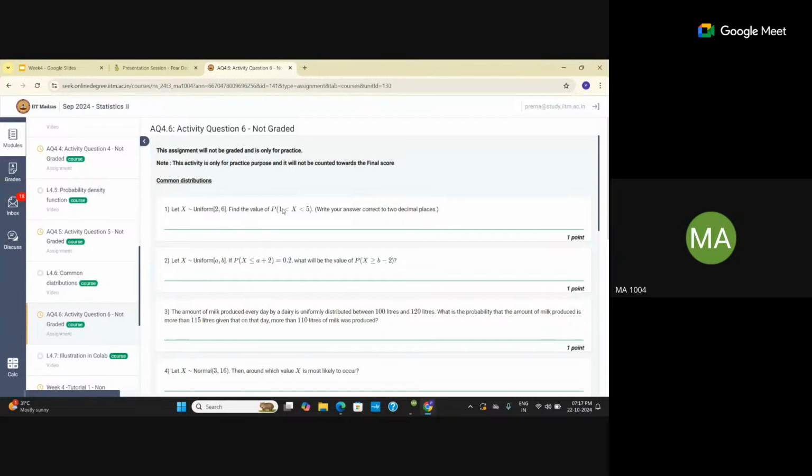First of all, you need to find the PDF for this distribution. So what will be the PDF here? 1 upon (6 minus 2). So the PDF will be 1 by 4, and you have to integrate 1 by 4 over the range 1 to 5.